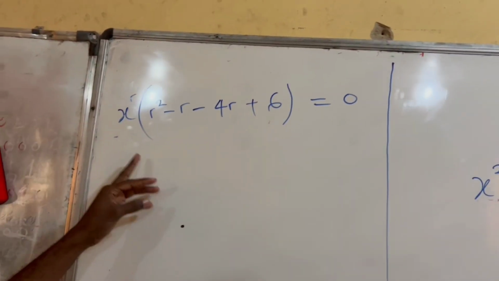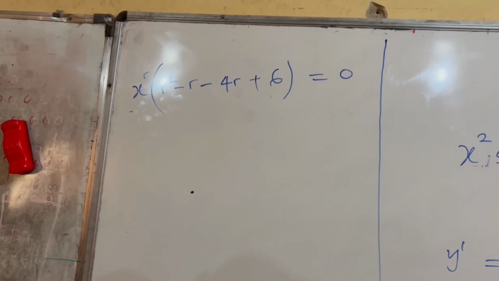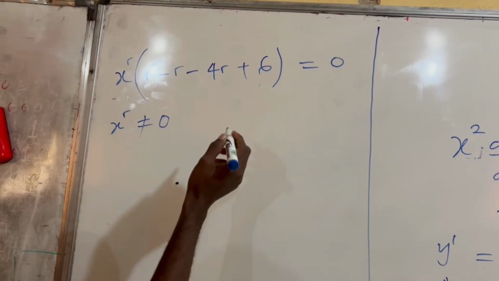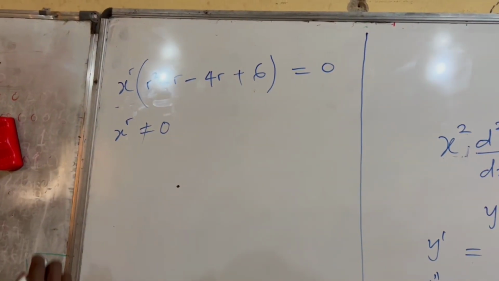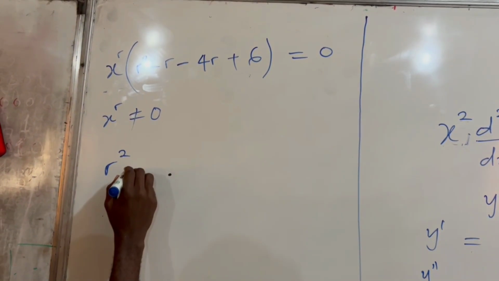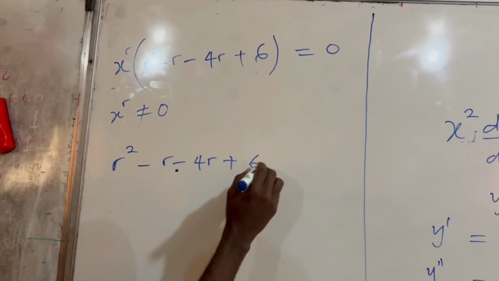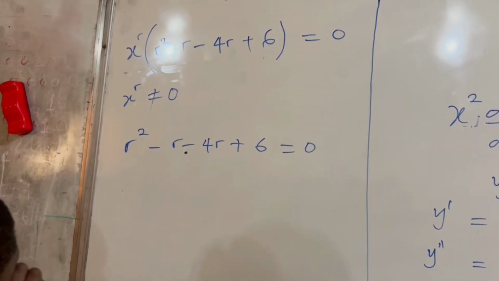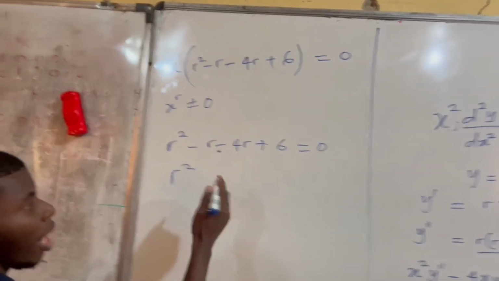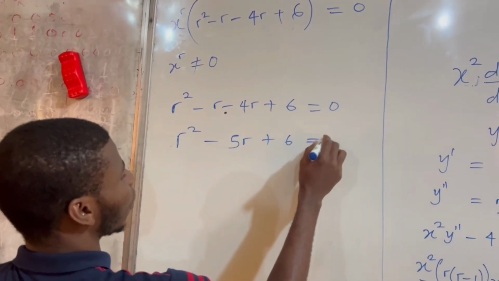However, x to the power of r can never be 0 for any given value of x or r, right? So that is an extraneous solution, it can never be 0. However, you can find the value of r from here. r squared minus r minus 4r plus 6 equals 0. We can combine the like terms: r squared minus r minus 4r is simply minus 5r, plus 6 equals 0.